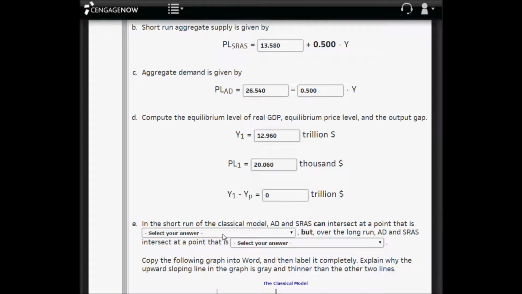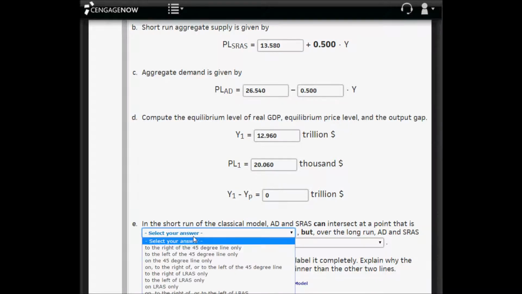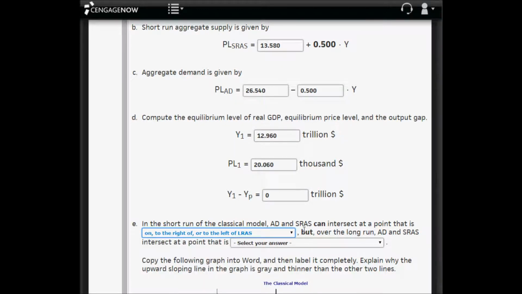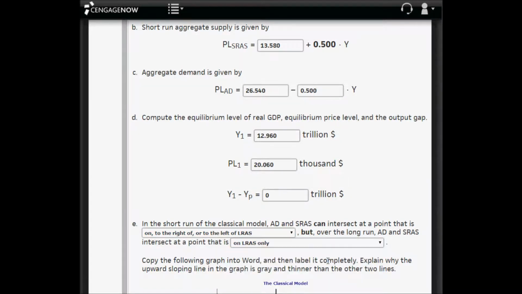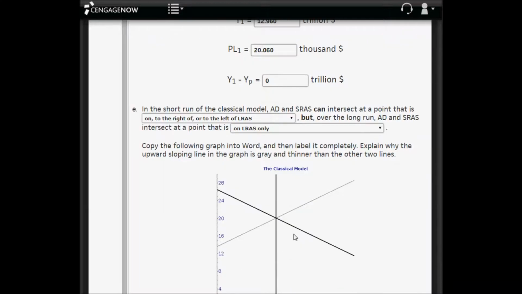In the short run of the classical model, aggregate demand and short run aggregate supply can intersect at a point on, to the right of, or to the left of long run aggregate supply. But over the long run, aggregate demand and short run aggregate supply intersect at a point that is on long run aggregate supply, which is the case here.